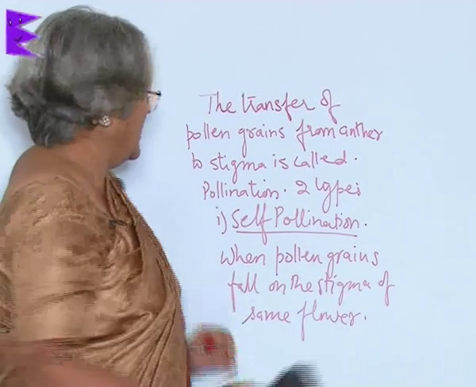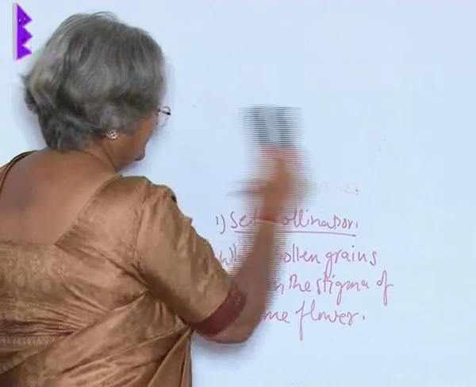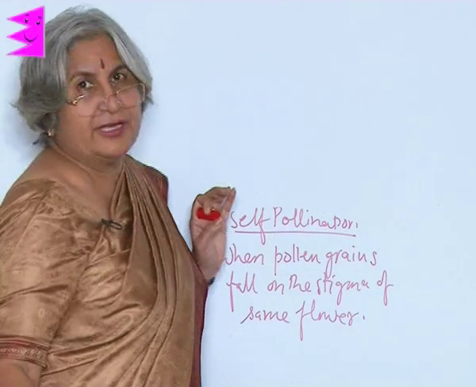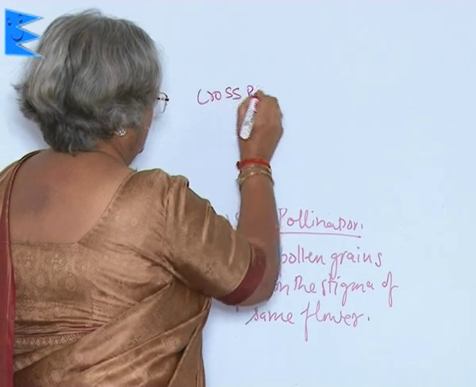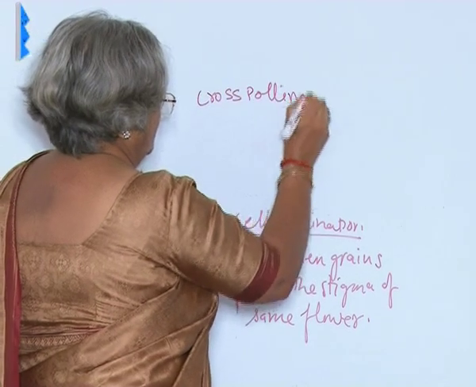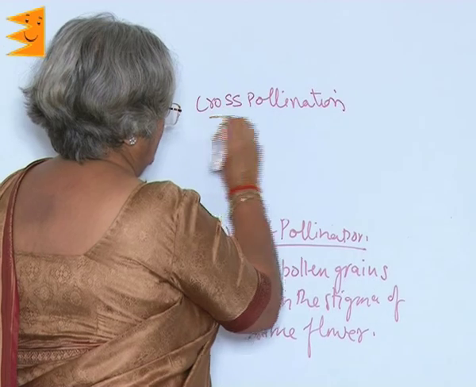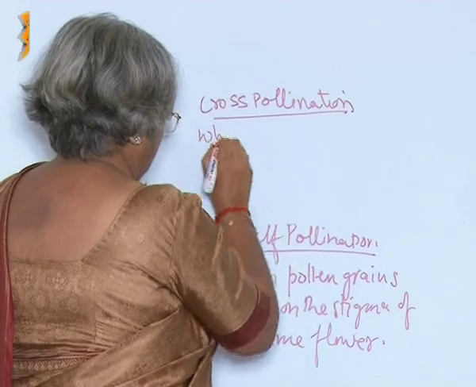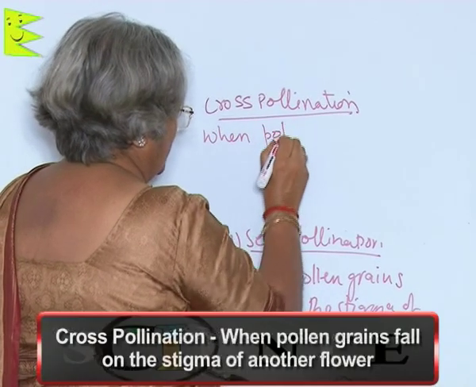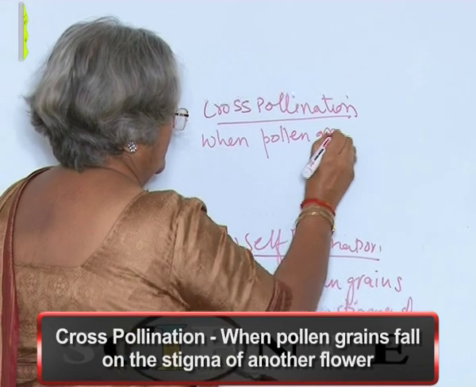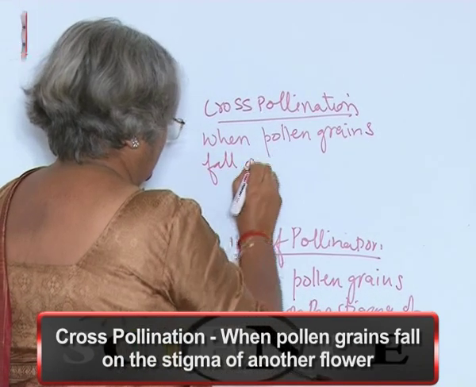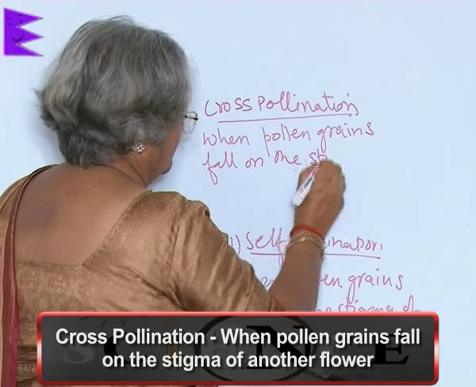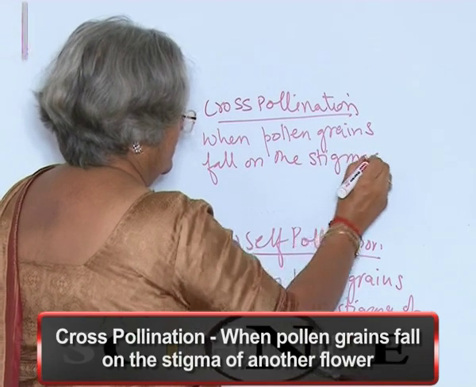Right? And second is cross pollination. When pollen grains fall on the stigma of another flower.